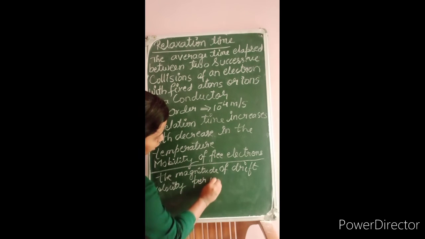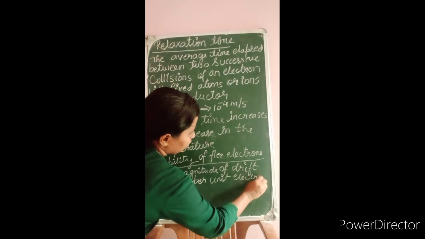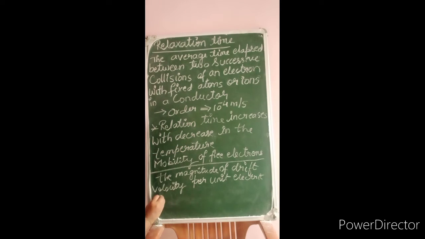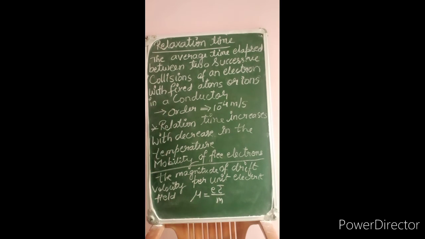Mathematically, mu is equal to e tau divided by m, where tau is the relaxation time, e is the charge on the electron, and m is the mass of the electron.